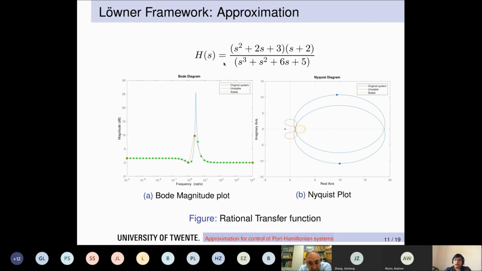So then in the post processing I make this unstable system stable by mirroring these unstable poles and zeros on the left half plane, and we have a similar kind of frequency response. But the advantage is we now came up with a positive real transfer function, which was not naturally the case in the unstable one.